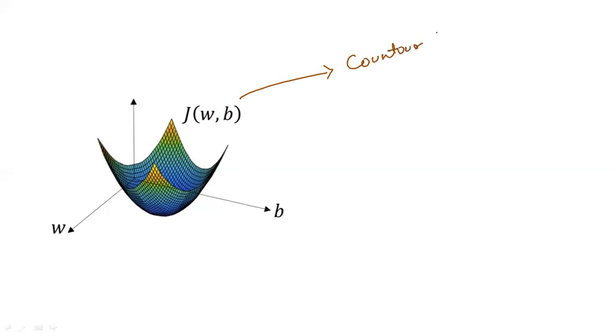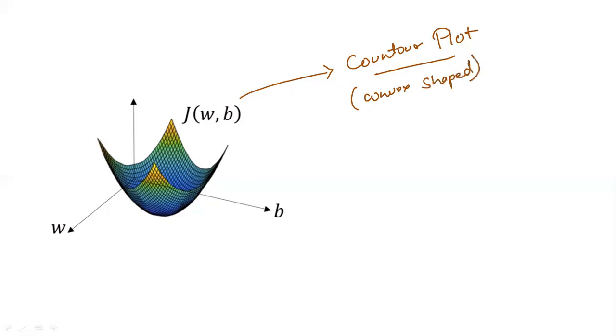This term has to be kept in mind, because it will be used in future video lectures also. This bowl-shaped function, the convex graph, is called the contour plot, and it is convex shaped.